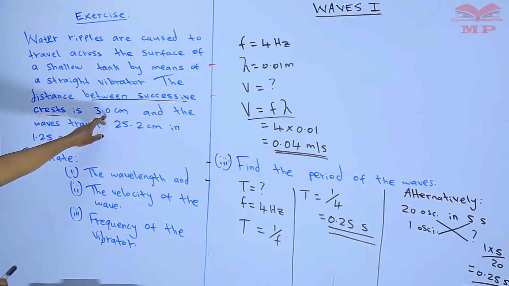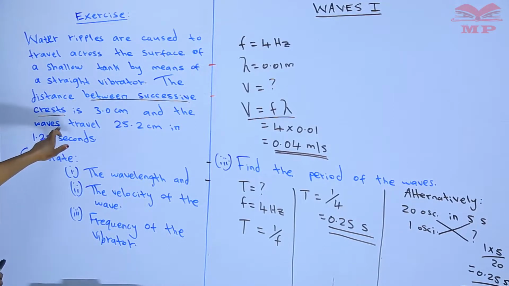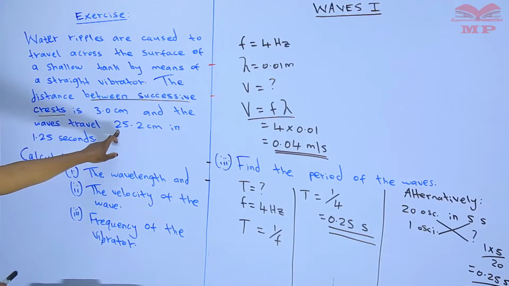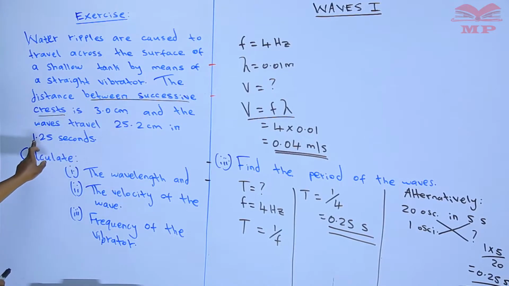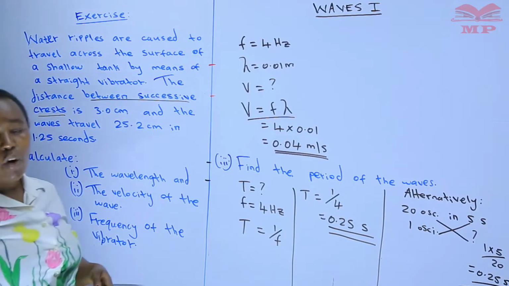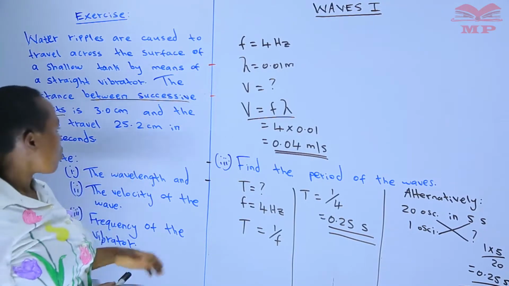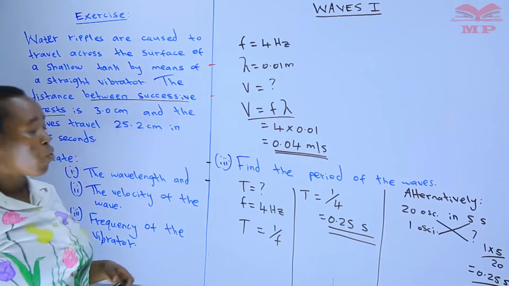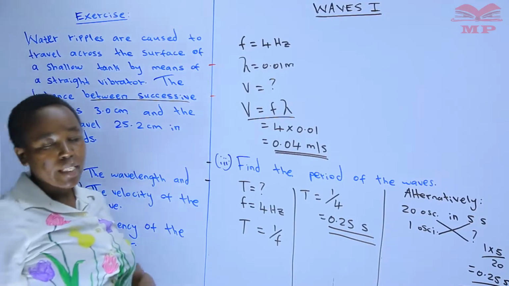So it is 3.0 centimeters, and the waves travel 25.2 centimeters in 1.25 seconds. You are told to calculate the wavelength and the velocity of the wave, and finally the frequency of the vibrator. So ensure that you go through the question and work it out.